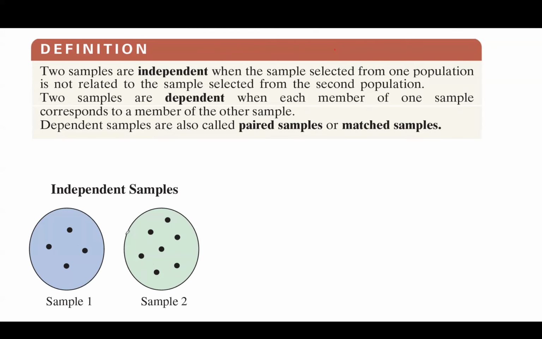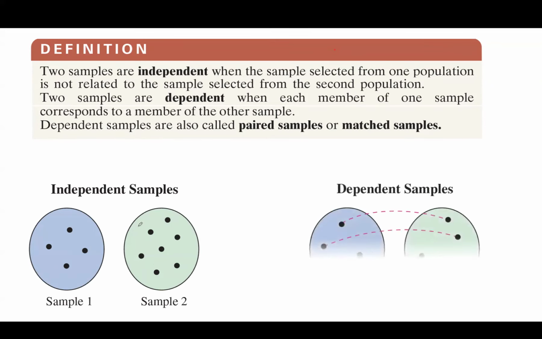So the number of members in the two samples is different, and there is no association between these two samples. However, when it comes to dependent samples, we see some sort of association or relation between members of sample 1 and sample 2. Let me give you an example to clarify this.